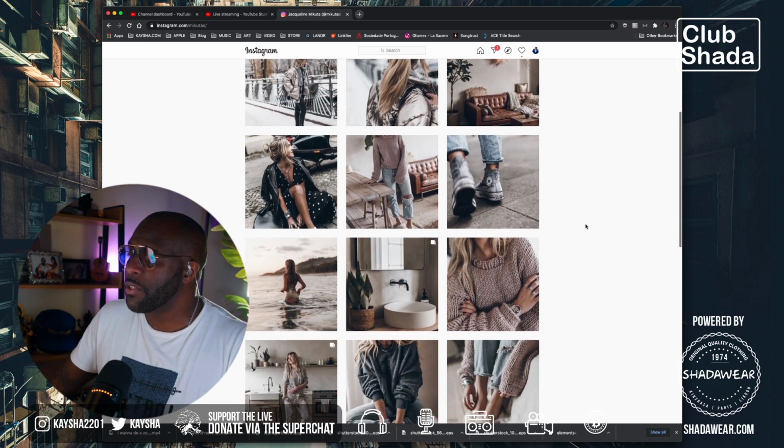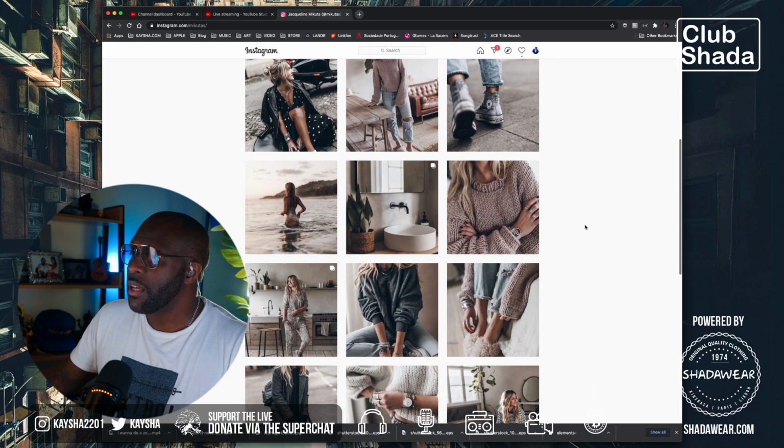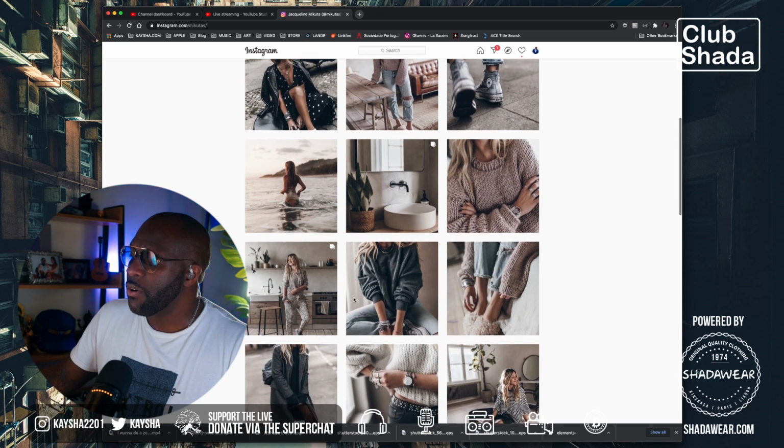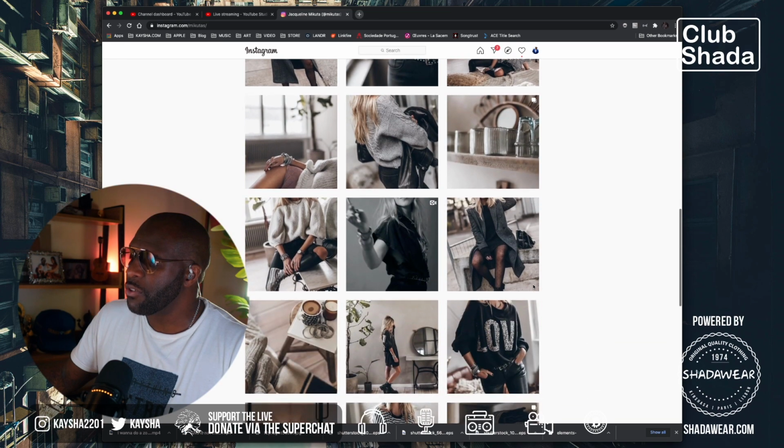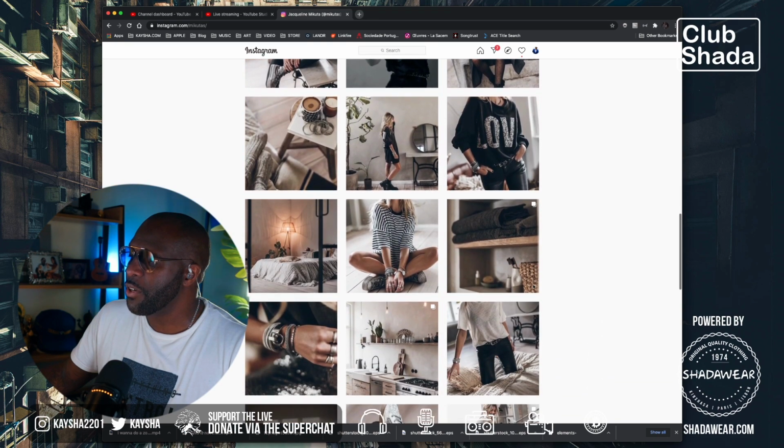And when you look at the Instagram, she has these desaturated salmony colors, all the blues are desaturated, and the blacks are contrasty.